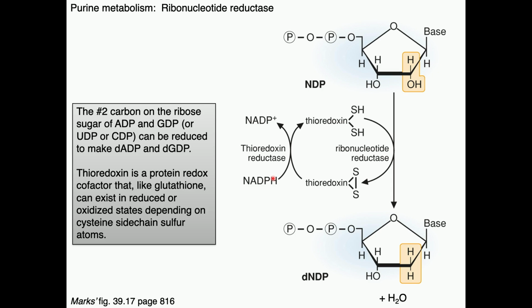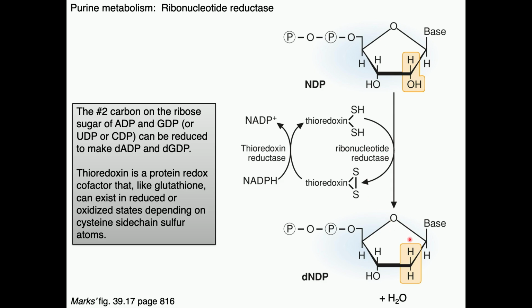So it's the same kind of idea. These are proteins that have cysteines that can either be in the oxidized form, making a bond to one another, or in the reduced form. So they act as electron carriers just like FAD or other redox cofactors.